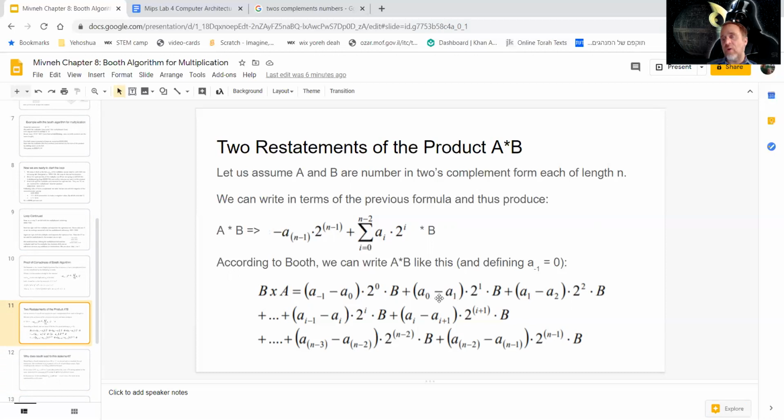And the next one is a 0. 1 minus 0 is 1. So I'm not going to nullify this by multiplying by 0. I'm not going to multiply it by negative 1. I'm going to multiply it by positive 1. So that means I will, yes, go ahead and add the multiplicand. But I won't add the multiplicand as it is. I'll add the multiplicand times 2. Well, guess what times 2 does? Times 2 shifts it left.